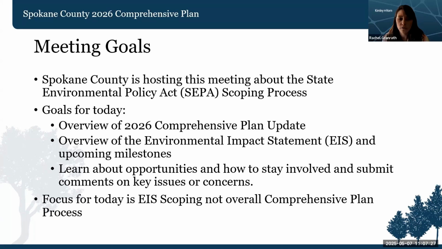And then we'll go over some milestones for the SEPA and EIS portion here today. We have lots of opportunities for you to stay involved and comment on key issues and concerns, whether that's the comprehensive plan or the EIS. But just reiterating that today our focus is on the environmental impact statement scoping and not the overall comprehensive plan process.